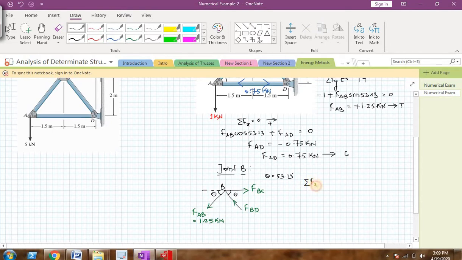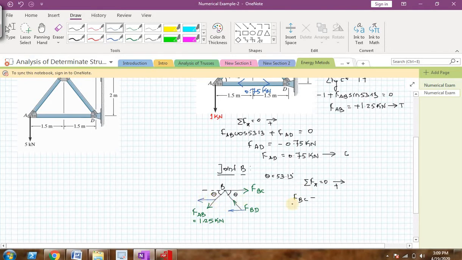So I will apply summation of Fx equal to 0, taking forces in this direction as positive. So I can write an equation as FBC minus, because this component will have a component like this, and this will have a component like this. So this is the FAB component and this is the FBD component.